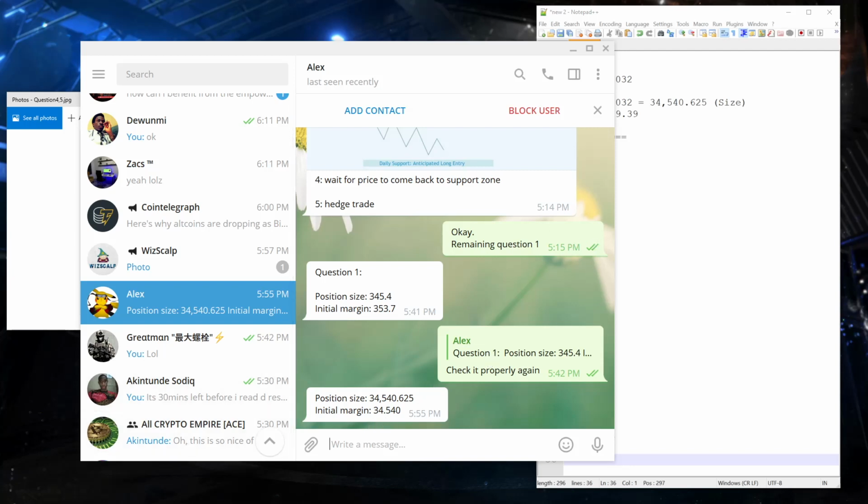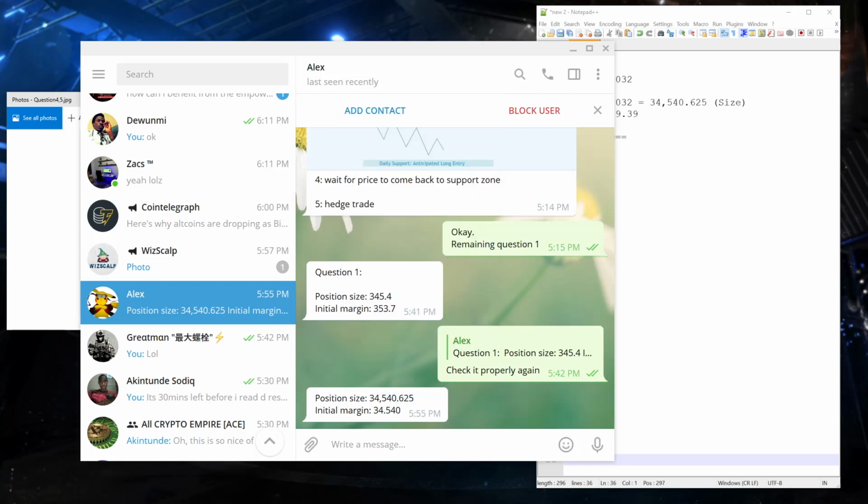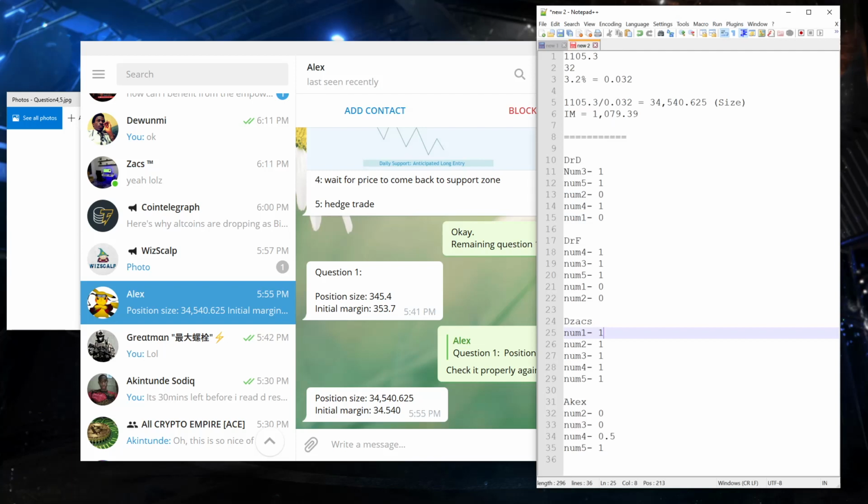Let's see if you have used 100 days with 34,540.625 divided by 100. Even with 100 days itself is still wrong. So this is right, this is wrong. So that is half mark as well. So that is number 1. 0.5.